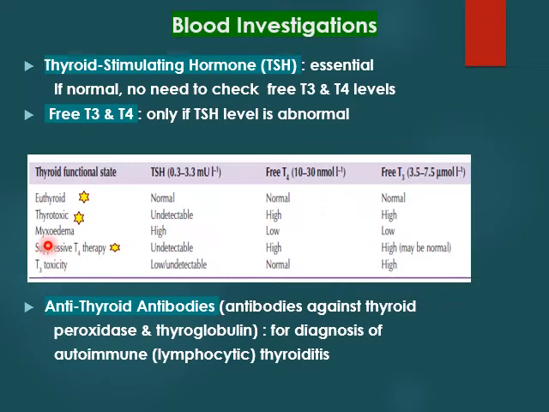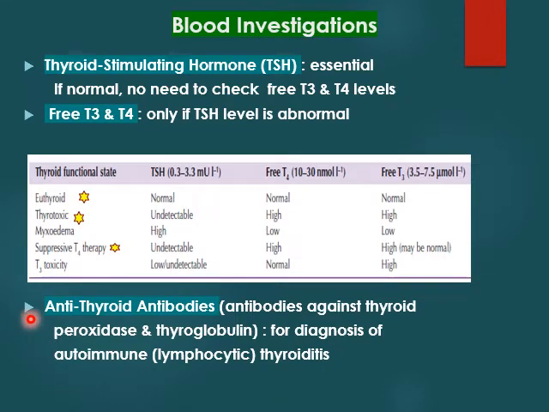Myxedema, that is hypothyroidism: TSH is high and the hormones are low. And this is an important one, suppressive T4 therapy: TSH is undetectable, T4 is high, and T3 is usually high but may be normal.